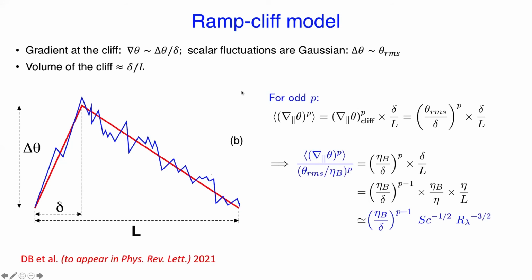So using that simple idea, what we can say is that the odd moment parallel to the mean gradient, where we have this ramp cliff to the power p, is given by the gradient at the cliff only, multiplied by delta over L, which is the volume of the cliff.